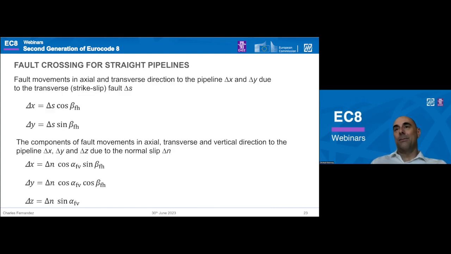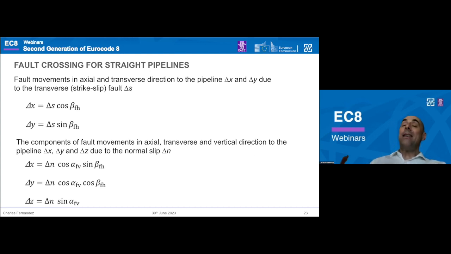So if we have these fault crossings, we can easily calculate the axial and transverse displacements from the transverse slip fault delta S, and from the normal slip. And considering the incident angles and the angle between the crossing and the fault, or the fault and the pipeline, sorry.